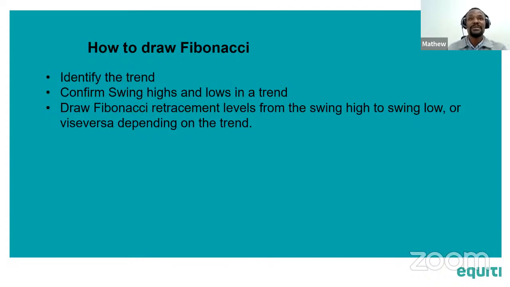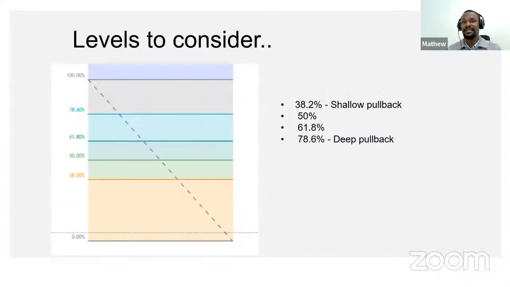So how you draw the Fibonacci retracement: you first of all identify the trend. When you have a trend, of course, you want to consider the swing high or the highest level and then the swing low of the trend. Then you draw the Fibonacci retracement levels. And once you draw the levels, you're going to find percentages.